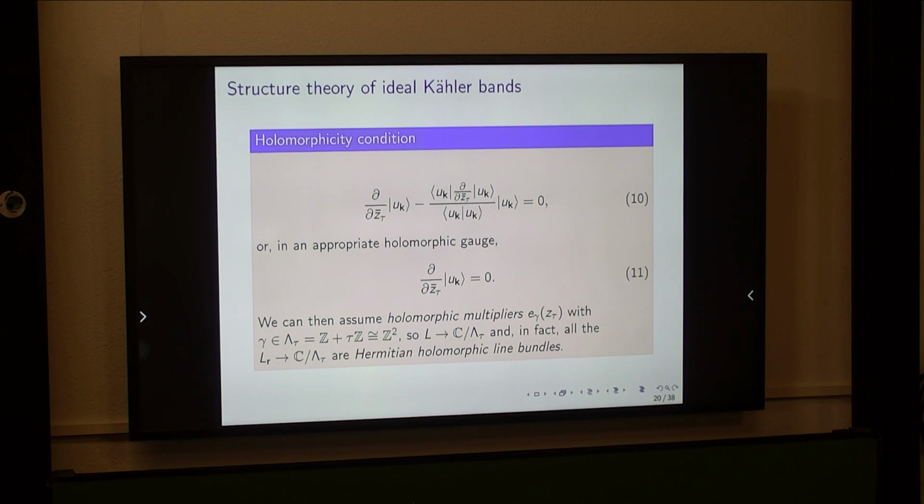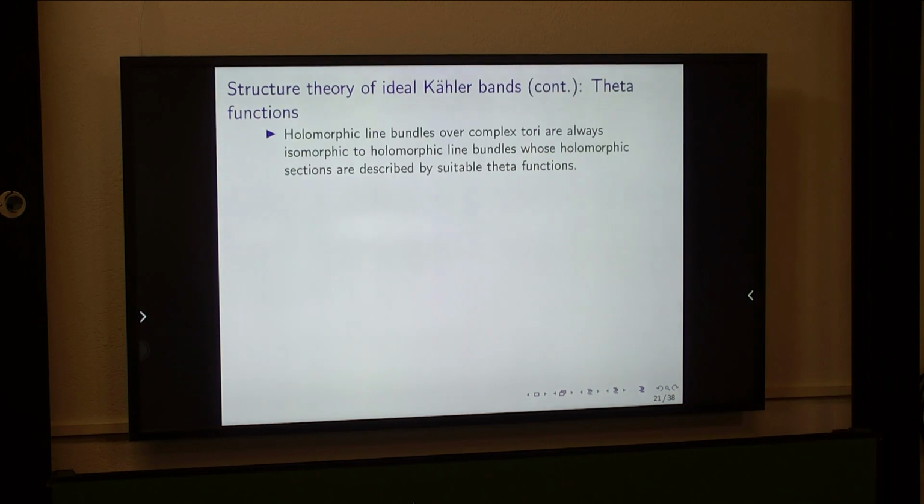And in fact, this is the same for all the L sub R's, because the L sub R's are just twisting by flat line bundles, which are holomorphic. So holomorphic line bundles over complex tori are always isomorphic, in the holomorphic category, to holomorphic line bundles whose holomorphic sections are described by suitable theta functions.